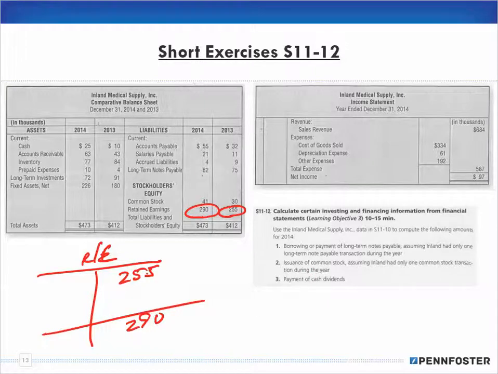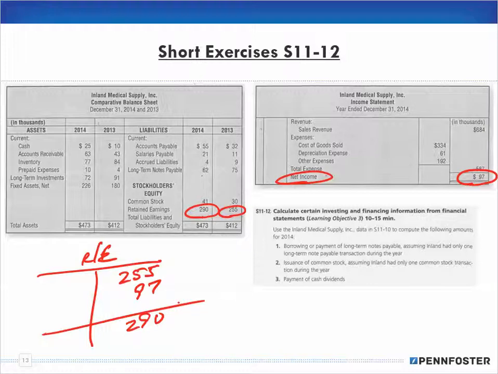When we have a beginning balance in our retained earnings, what do we have to do? We have to close out our net income or our net loss from our income statement to our retained earnings. So in this case, we have to add in the $97,000 from the net income.